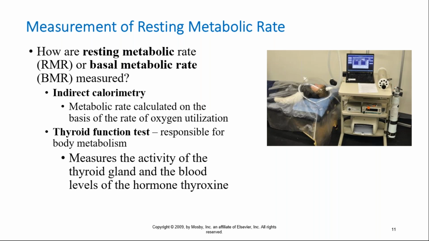A second indirect method is the thyroid function test, because the thyroid hormones are responsible for the metabolic activity of the body. So this can be measured by measuring the activity of the thyroid gland, that is, measuring the levels of the hormone thyroxine. In the case of hypothyroidism, that is when your thyroid is not working very well, your basic metabolic rate will go down.